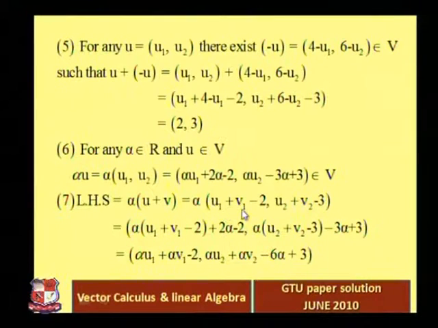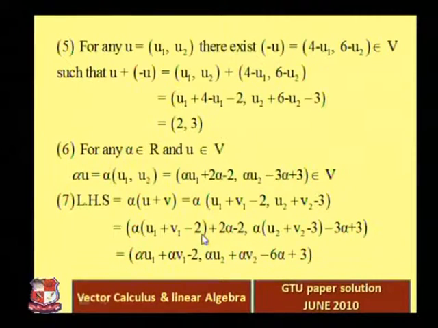Okay, so alpha into (u1 plus v1 minus 2, u2 plus v2 minus 3) is equal to alpha into the first coordinate u1 plus v1 minus 2 plus 2 alpha minus 2, then alpha into the second coordinate u2 plus v2 minus 3 minus 3 alpha plus 3. So you will get alpha u1 plus alpha v1 minus 2, because minus 2 alpha plus 2 alpha will cancel out.